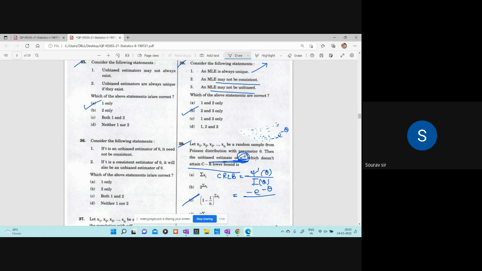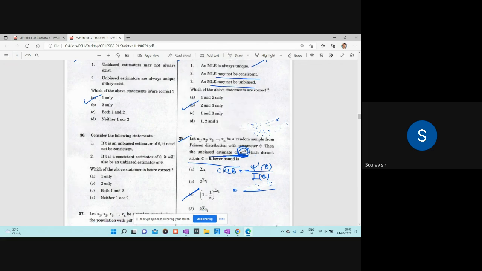My phi theta is actually the UE of e to the power minus theta. First find this and then you proceed.